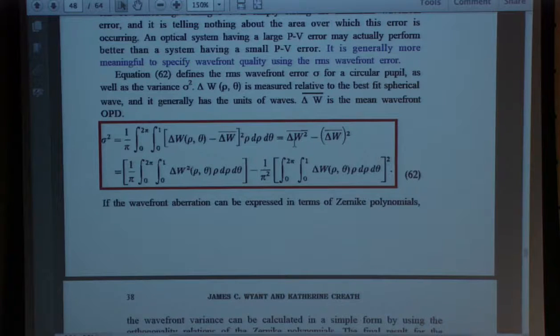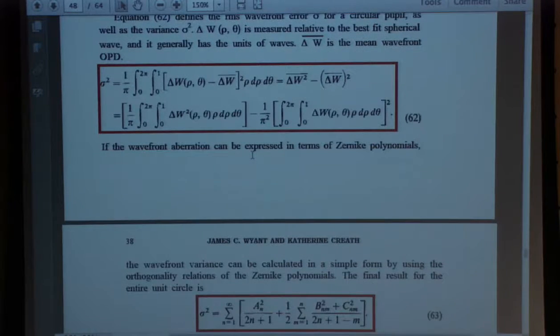It's just going to be the delta W squared average value over the pupil minus delta W average squared over the pupil. When you do the multiplication here, the cross terms are going to cancel out because we're subtracting out the average value. And so this would be our sigma squared, the variance here.